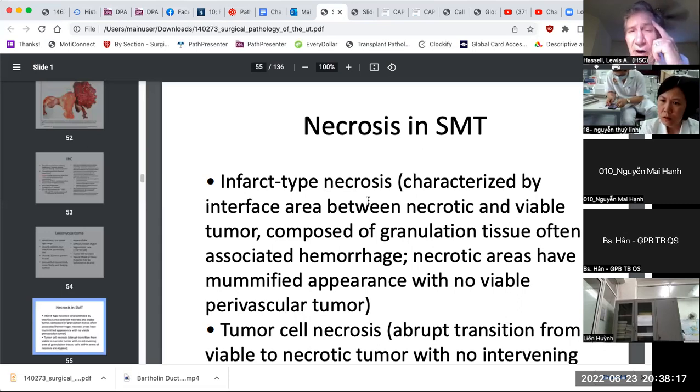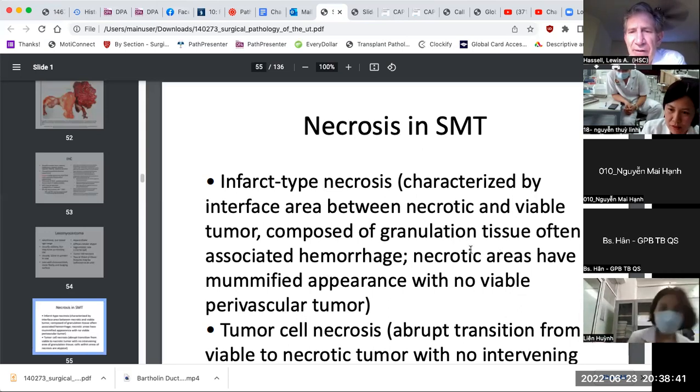This is usually characterized by some sort of an interface between necrotic and viable tumor, where there's this granulation tissue-like response. And the necrotic areas will look more just dead, they'll look absent there. And there'll be some semblance of tumor.